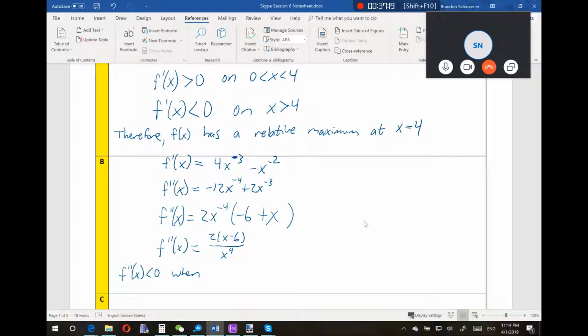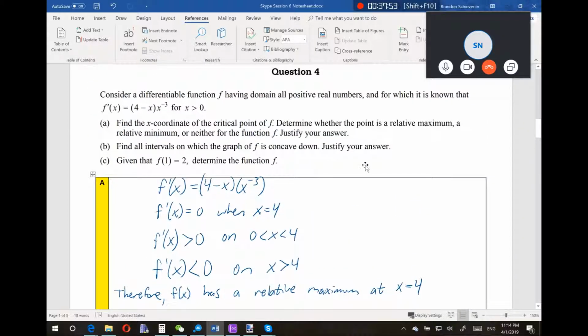So on the interval, starting at my start point at 0, 0 is less than x is less than 6, we will be concave down. So therefore f is concave down on the interval 0 is less than x is less than 6. Okay, that's good.